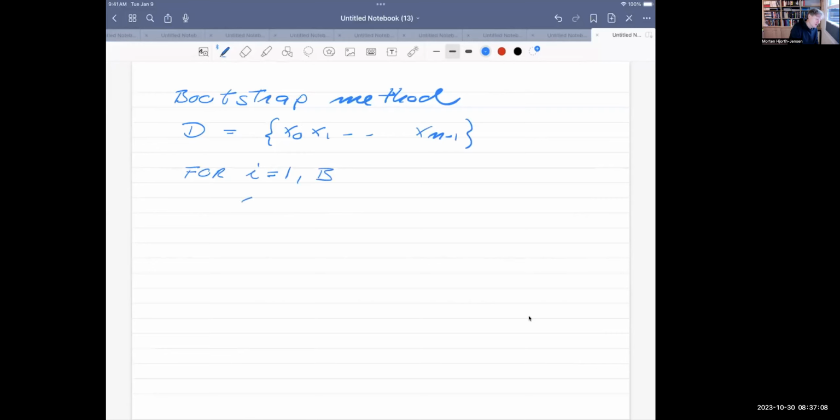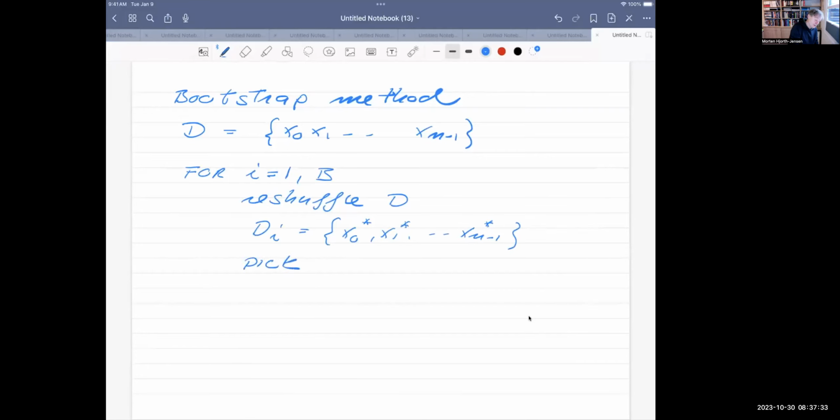Then you would reshuffle D. So you produce now a D_i, and this is something we are going to label with x0 star, x1 star, up to x_{n-1} star.